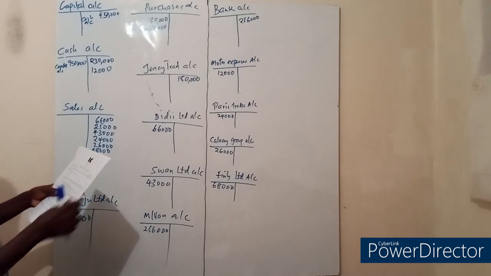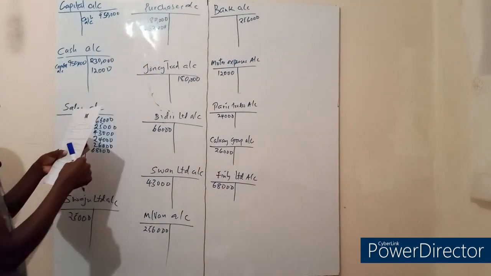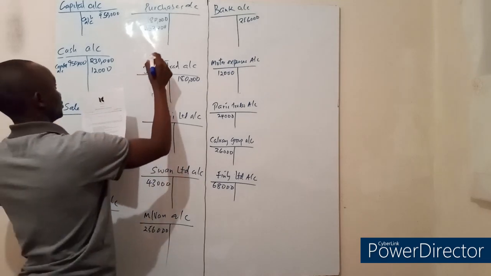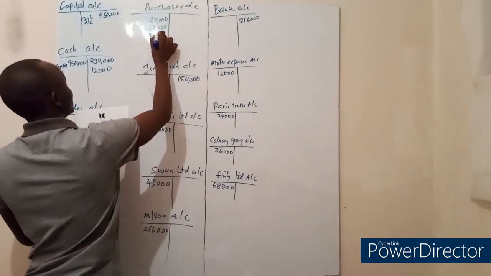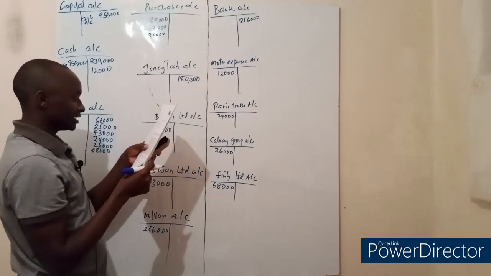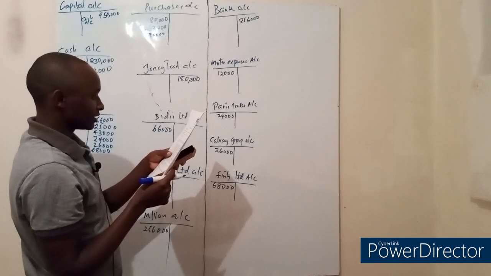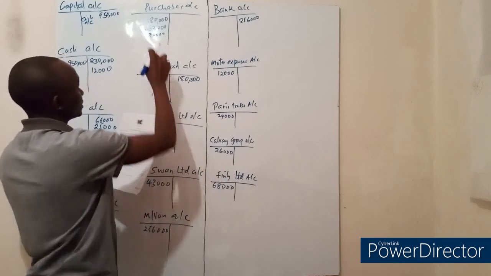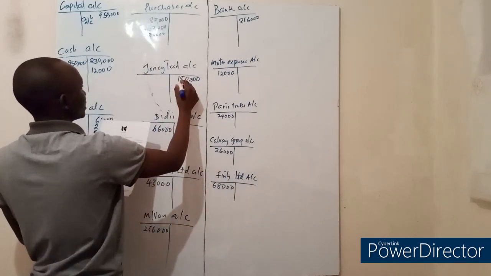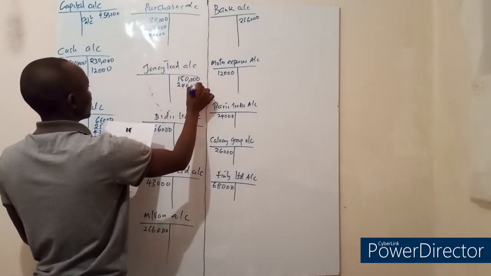So we have the purchases account here, increasing by 240,000 on the debit side, right? And then you have Johnson Traders, the credit, because this was debit, the credit side, 240,000.